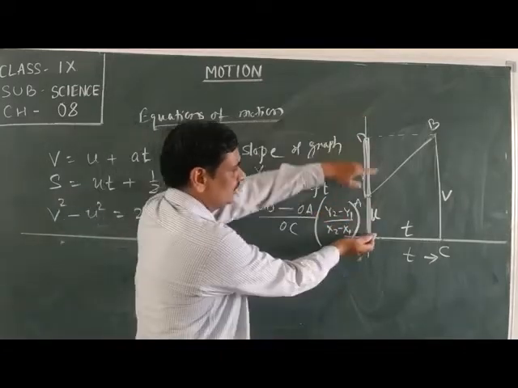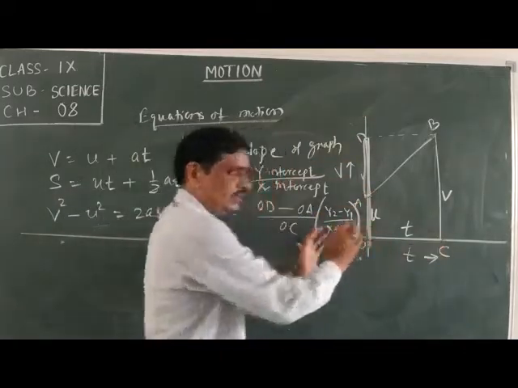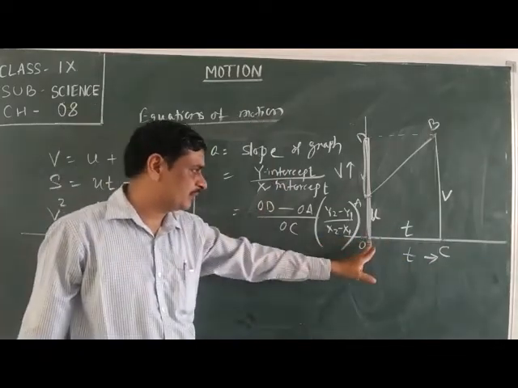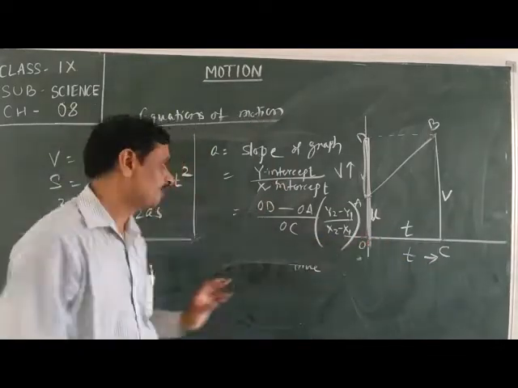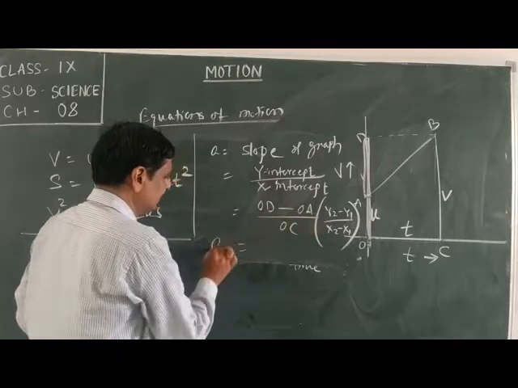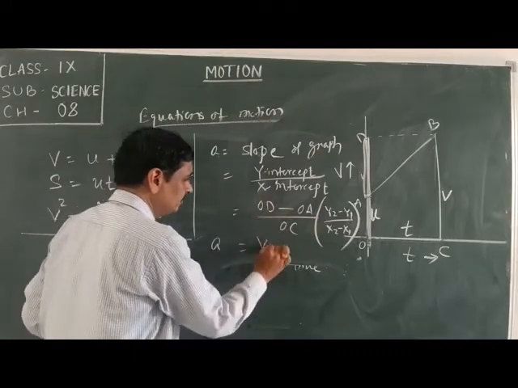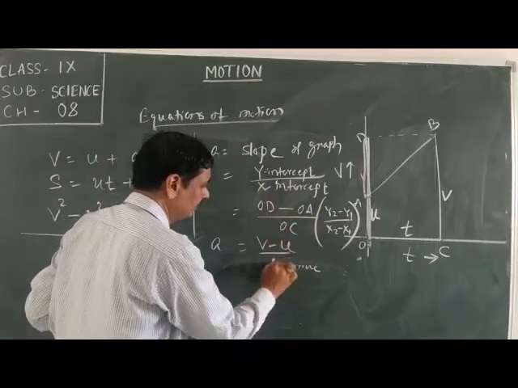Since it starts from 0, x1 is 0. So the acceleration a is V minus U by T.